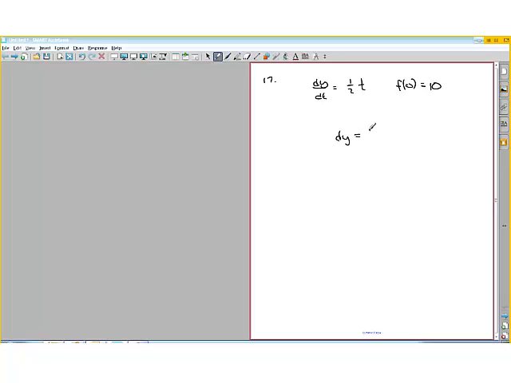So we multiply both sides by dt, so we get 1/2 t dt on the right-hand side, and dy on the left-hand side. We integrate both of those since the variables have been separated. The integral of dy is y.